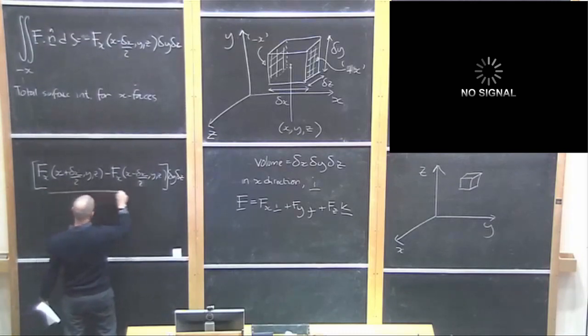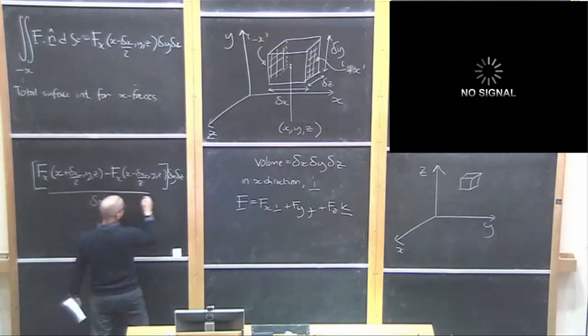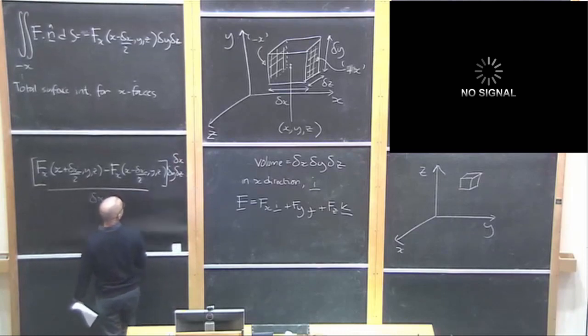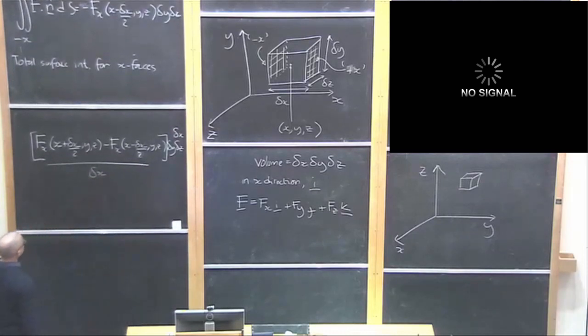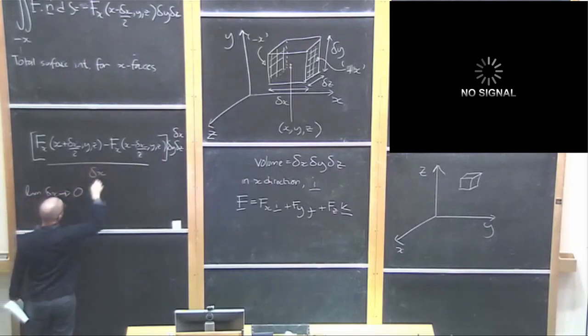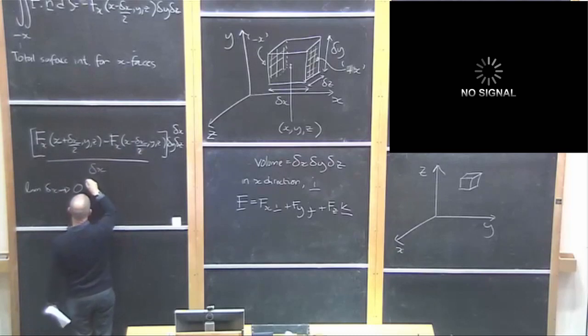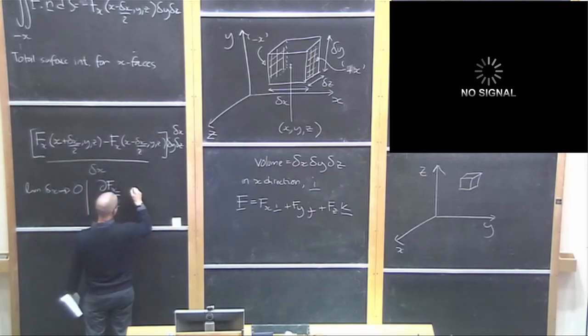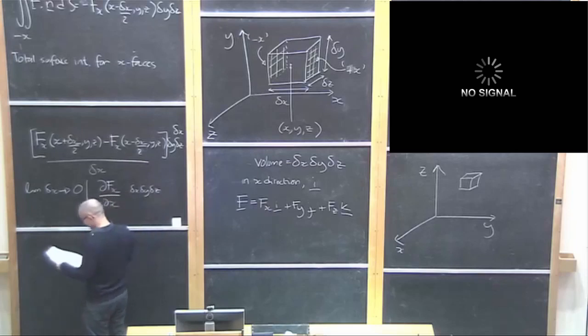So if I divide this by a delta x, that means I have to put, imagine that I've left enough space, that it's also multiplied by a delta x. And now in the limit where delta x goes to 0, this becomes the partial derivative of fx with respect to x times delta x, delta y, delta z.